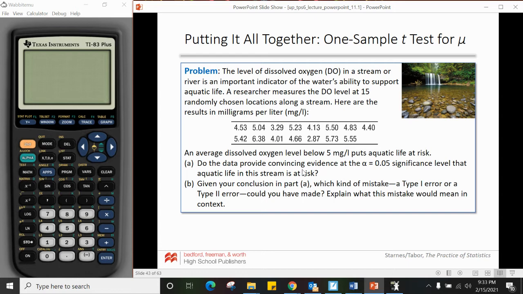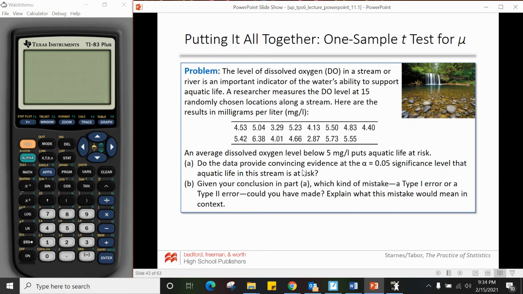So let's look at a problem. The level of dissolved oxygen in a stream or river is an important indicator of the water's ability to support aquatic life. A researcher measures the DO level at 15 randomly chosen locations along a stream. Here are the results. An average dissolved oxygen level below 5 puts aquatic life at risk.